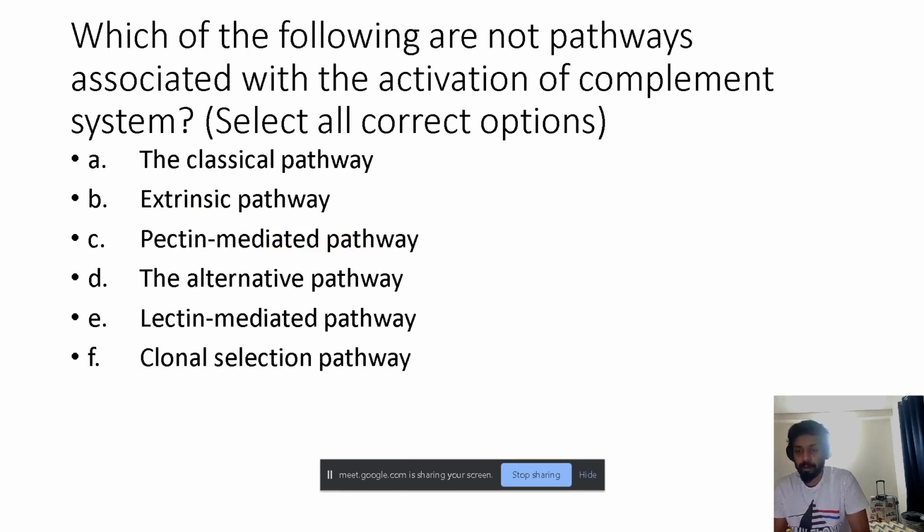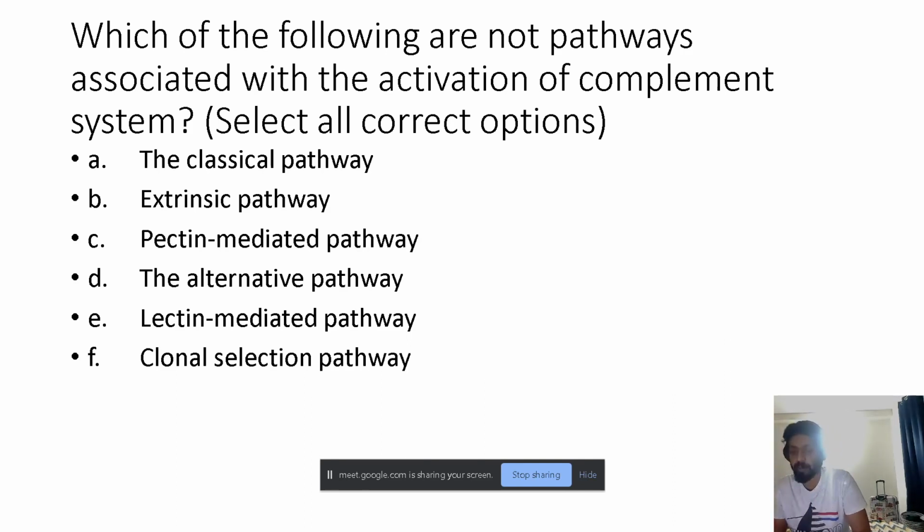Which of the following are not pathways associated with the activation of complement system? Option C and option A, sir. Option F. Okay. The classical pathway, extrinsic pathway, alternate pathway, lectin mediated pathway, all these are part of the complement activation system, right?